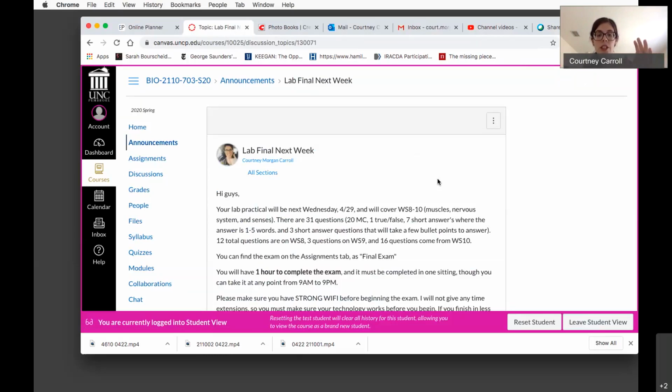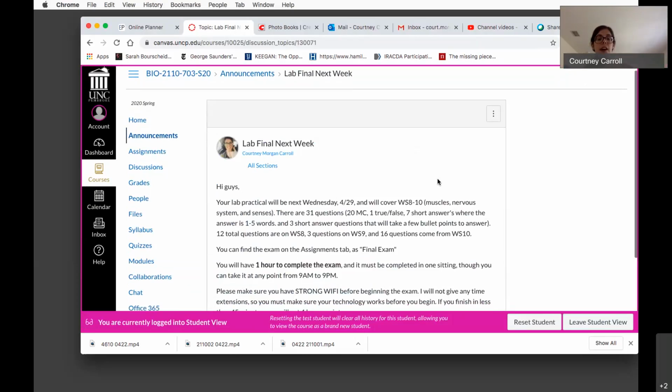Of those questions, 12 come from worksheet 8, only 3 come from worksheet 9, and 16 come from worksheet 10. What that means is you want to study proportionally, so spend more of your time on worksheet 8 and worksheet 10: learn all of those muscles, and then learn your different brain regions, your cranial nerves, all that nervous system, special senses stuff.